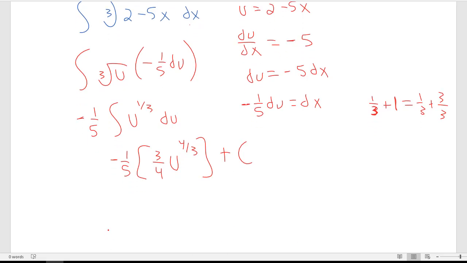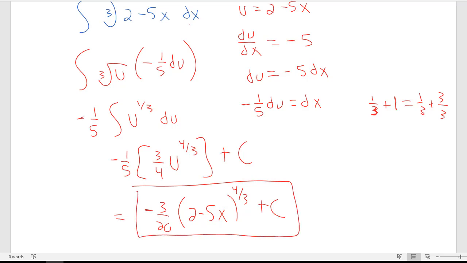So the u being 2 minus 5x, I'm going to say 2 minus 5x to the 4/3 power plus c, and then I have negative 3/20 as the coefficient. So there's my antiderivative of my original integral by doing a U-substitution, changing the variable, so we could just use a simple power rule here.